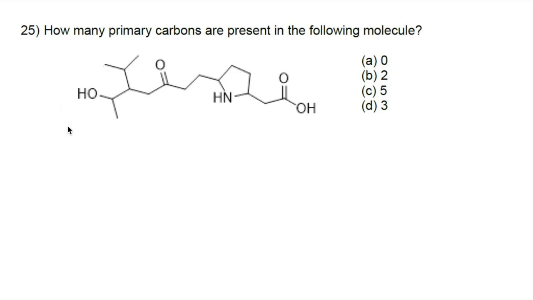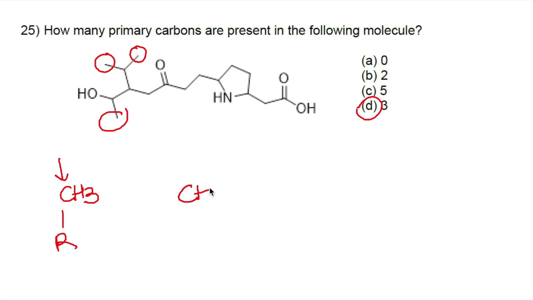Primary carbons are carbons that are connected to only one R. For example, that will be a primary carbon. In this case, we have 1, 2, 3, and that's it. So we have 3 of those. Secondary carbons are the ones connected to 2 R's.